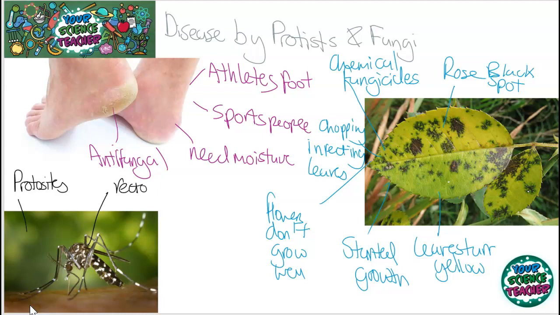So the mosquito is the vector, and the mosquito doesn't actually contain the parasite. It's what is inside the mosquito that will infect you. The mosquito carries this parasite known as malaria, and the malaria is what infects you, and it's incredibly deadly.